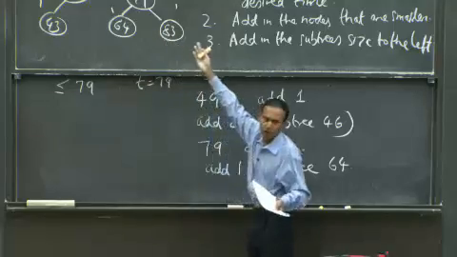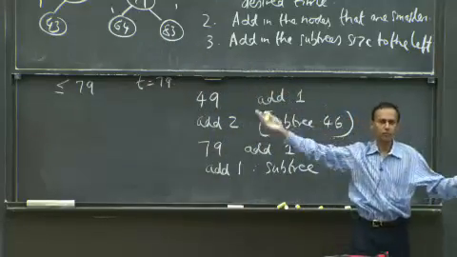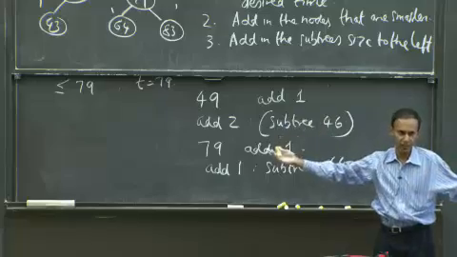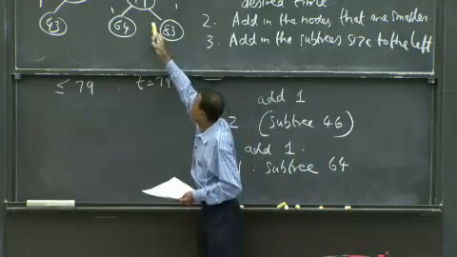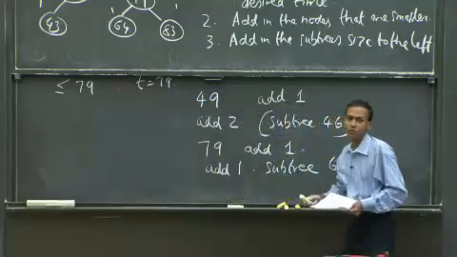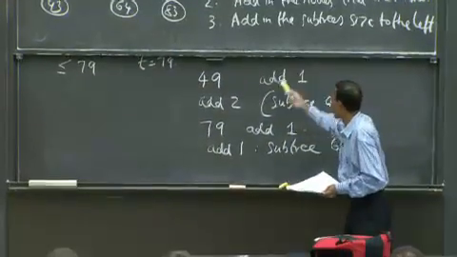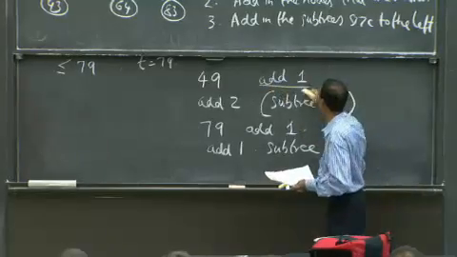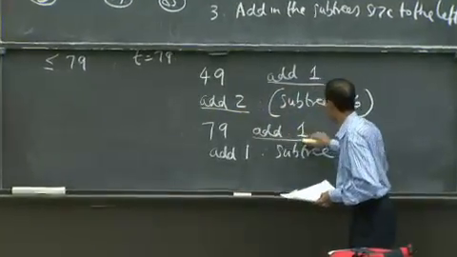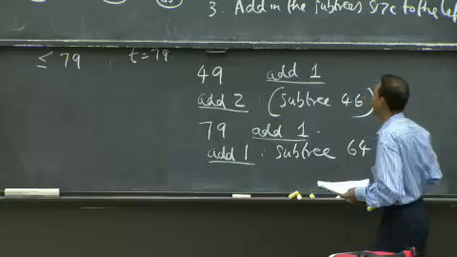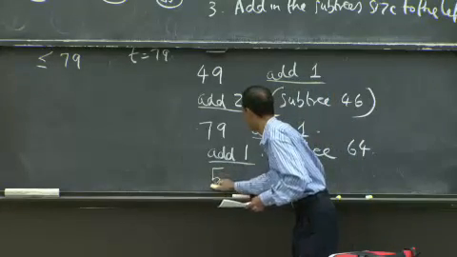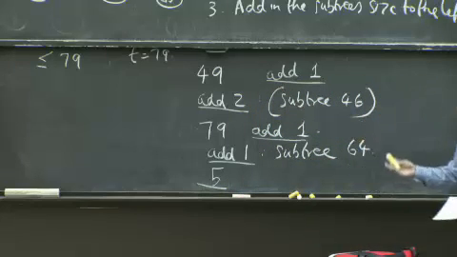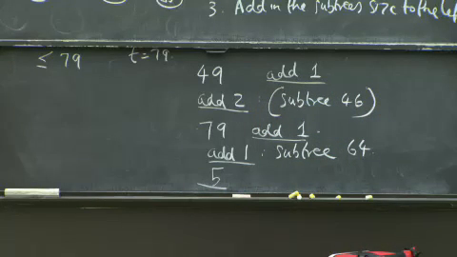And there was no modification required in this algorithm. So if that was 78, you'd essentially do the same things. But you're done because you found the place that you want to insert. And you've done a bunch of additions: add 1, add 2, add 1, add 1. And you have 5. Okay? And that's the correct answer, as you can see from this example.